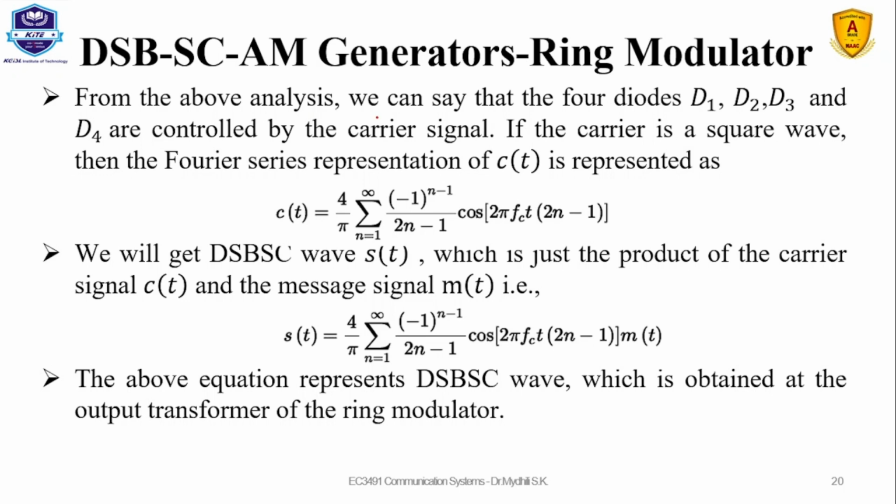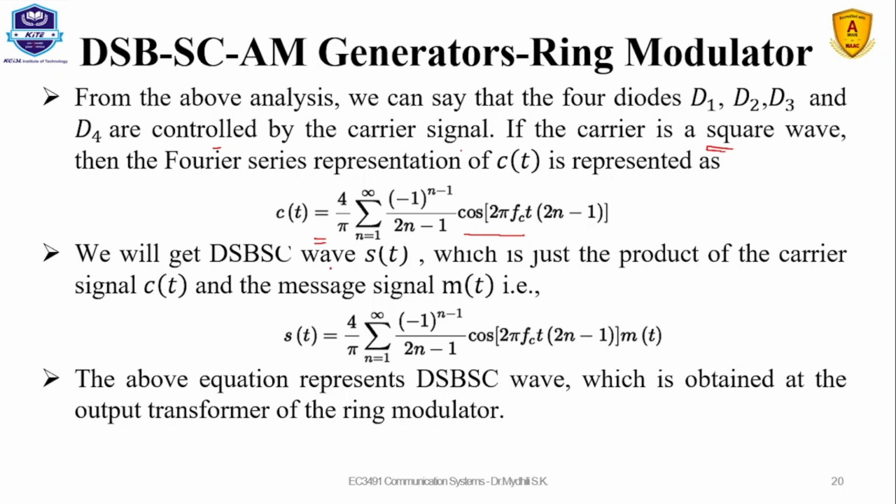From the above analysis, we can say that the four diodes D1, D2, D3 and D4 are controlled by the carrier signal. If the carrier is a square wave, then the Fourier series representation of C of t is as follows. Do remember the square wave equation from signals and systems; here we consider only the final equation, the general format for a square wave signal, which is represented as 4 by pi, summation n equal to 1 to infinity, minus 1 whole power n minus 1, divided by 2n minus 1, cos of 2 pi fc t into 2n minus 1.